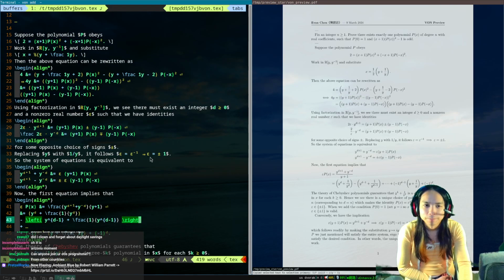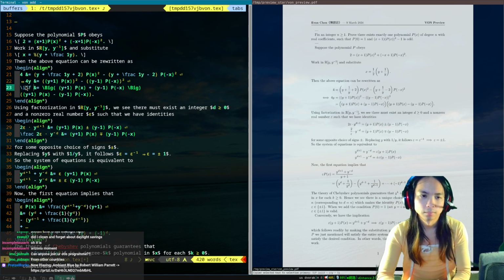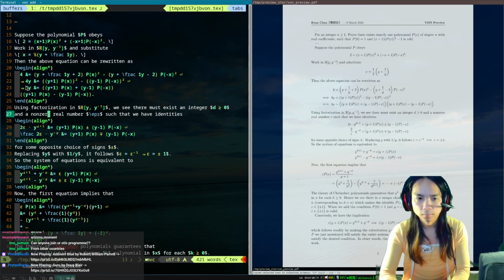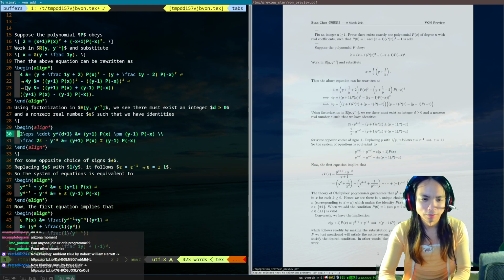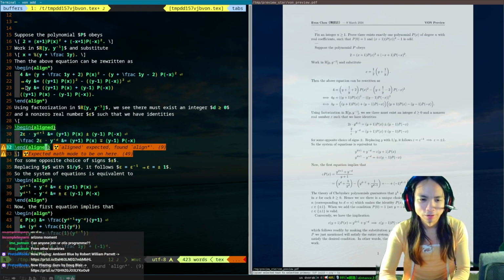I wonder if I could do that. Let me see if the typesetting will let me do that. I haven't used aligned in a long time.